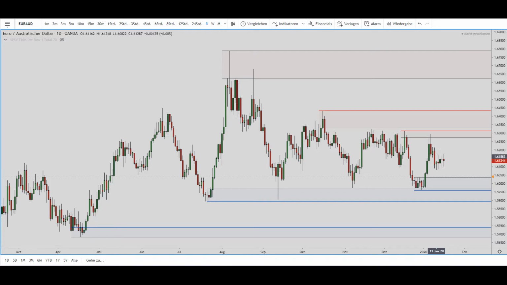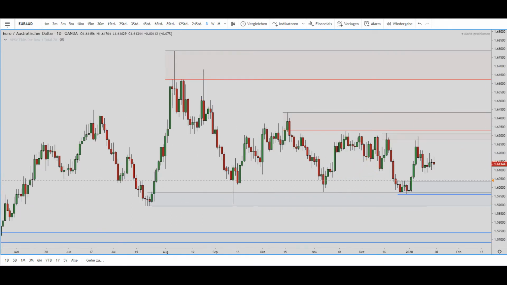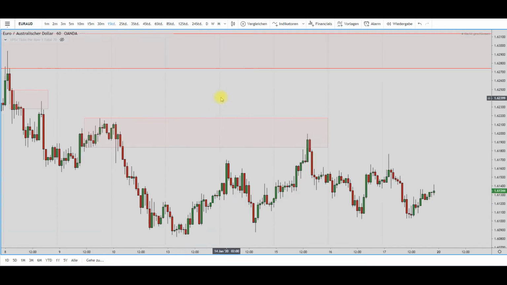The first trade actually I took last week, and this week I just added another position to it. That was the Euro Aussie dollar. Went into supply up here. What actually happened up there?